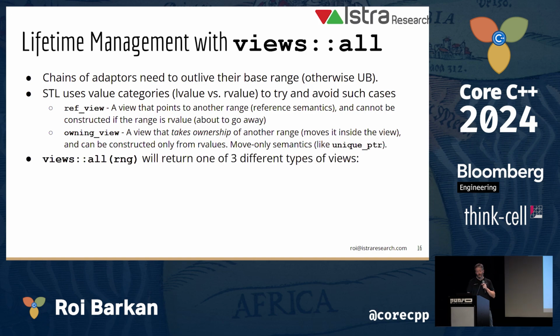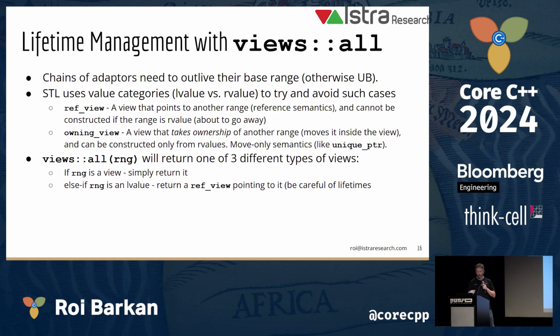The adapter called views::all, which is the same as calling the constructor of all_t, can have one of three different results when you apply it on a specific range. If the range is already a view, then calling views::all, or creating an all_t of that view, simply returns it as it is, no change. If the range is an lvalue, it is going to stick around for a long time, and I can create a ref view that points to it.